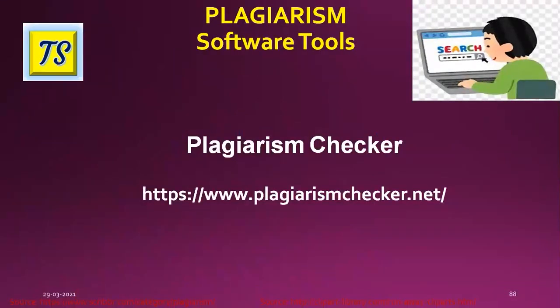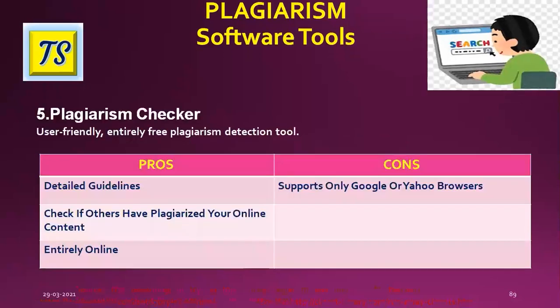The next one is Plagiarism Checker. See the pros and cons. It gives complete guidelines, purely online. It lets you check if others have plagiarized your online content. You may have your own blog where you often write your ideas and research-related concepts. People have the habit of copying.